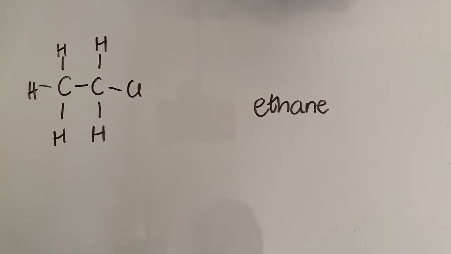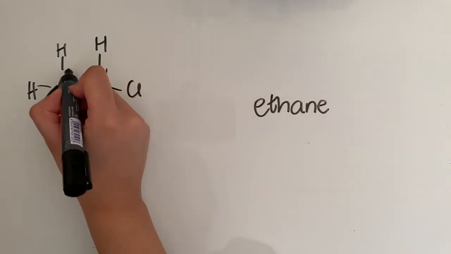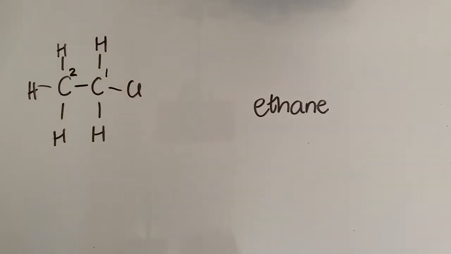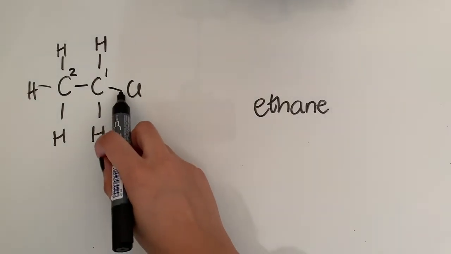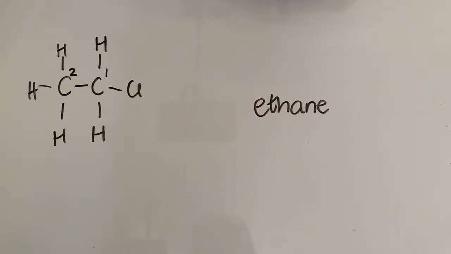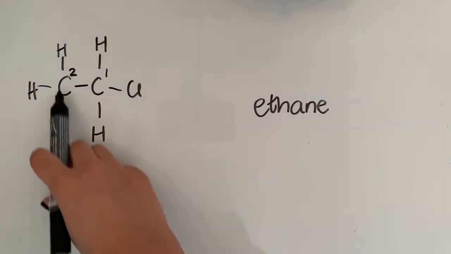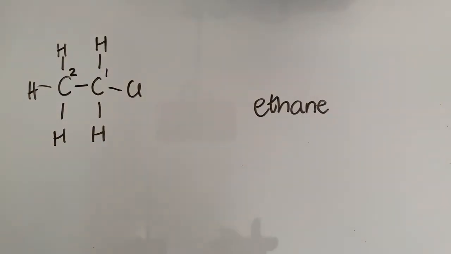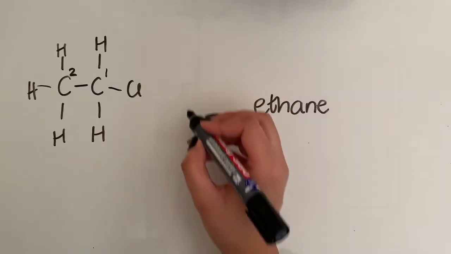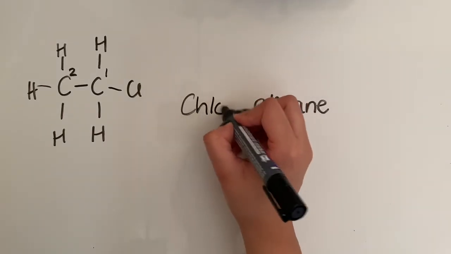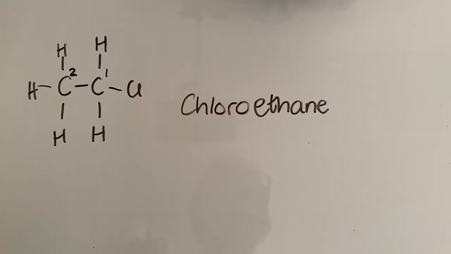Now, usually we number it. So we would essentially start numbering from here, 1, 2. So this is technically called 1-chloroethane. But hopefully you can see no matter where it is in this compound, even if it's attached to that one, it will still be 1-chloroethane. So for this one, because we've only got 2 carbons, we can just call this one chloroethane.